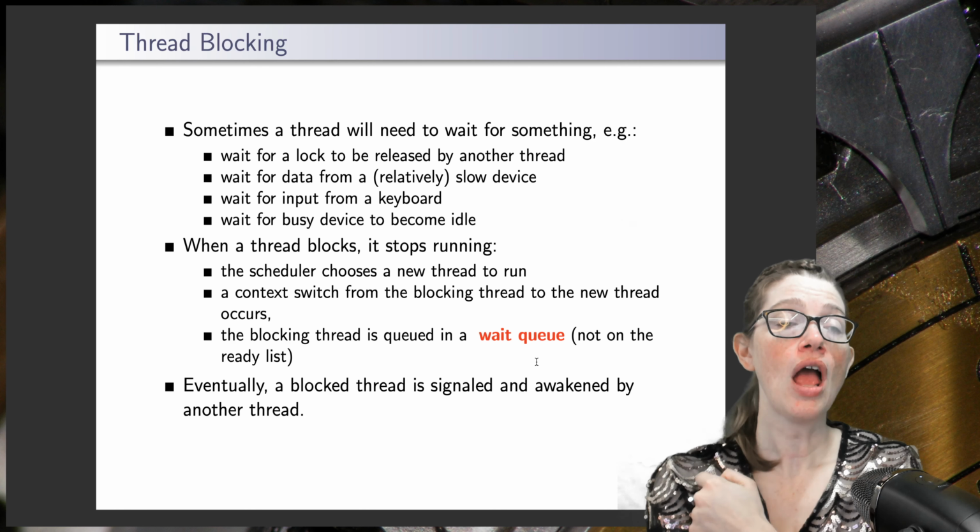So let's say I wanted to implement a lock. There's a couple things we know about the implementation of a lock. One of those things is that we're going to need to test and set something. And when I'm testing and setting the lock variable, it's got to be atomic.